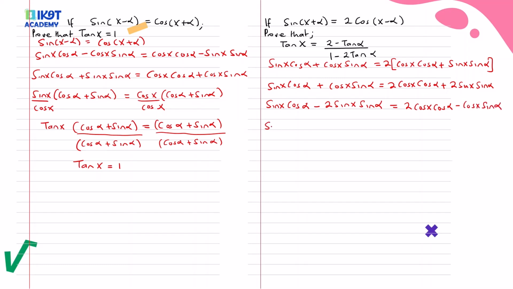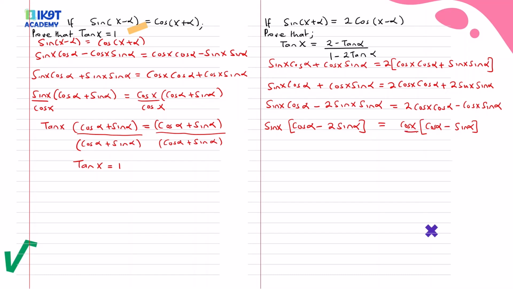Now I'm going to factorize out sine x from this side, so I stay with sine x into (cos alpha minus 2 sine alpha). This is equal to, factorizing out cos x here, I stay with cos x into (2 cos alpha minus sine alpha).